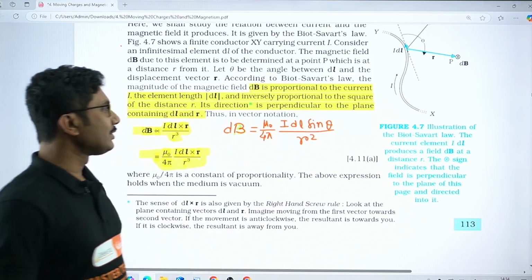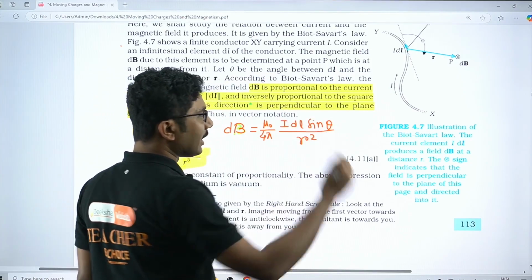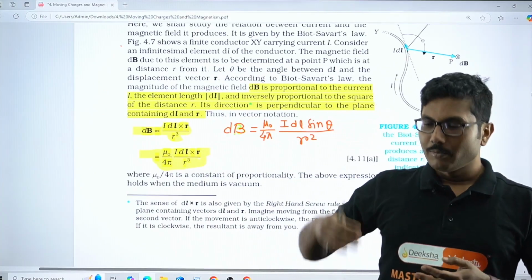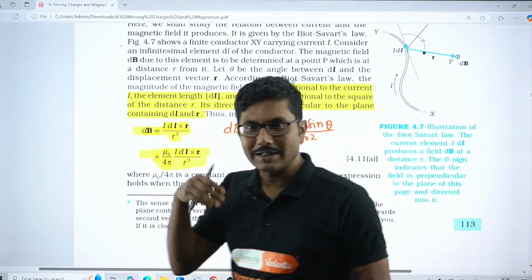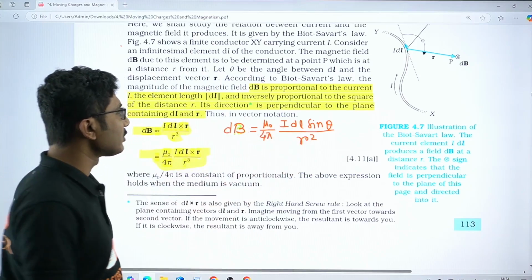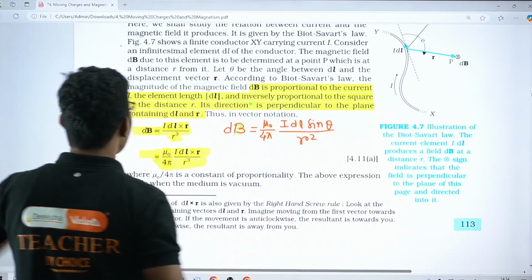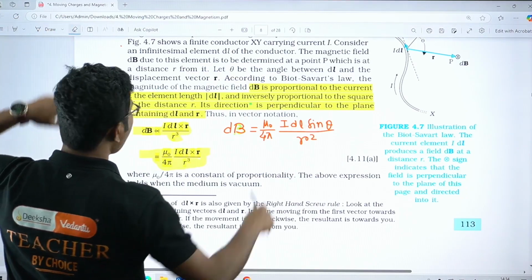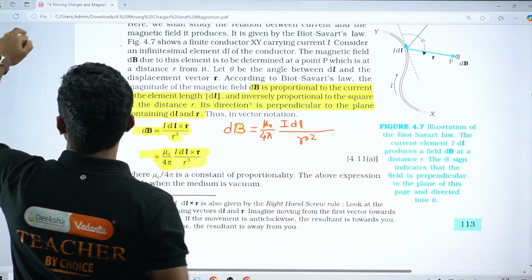But I have seen students write r cube here and they come and ask, sir, it is there in my book, please give me full marks, because in my book it is r cube. In your book it is r cube because instead of writing dl sin theta, they have written it in vector form, and you did not understand that fact.